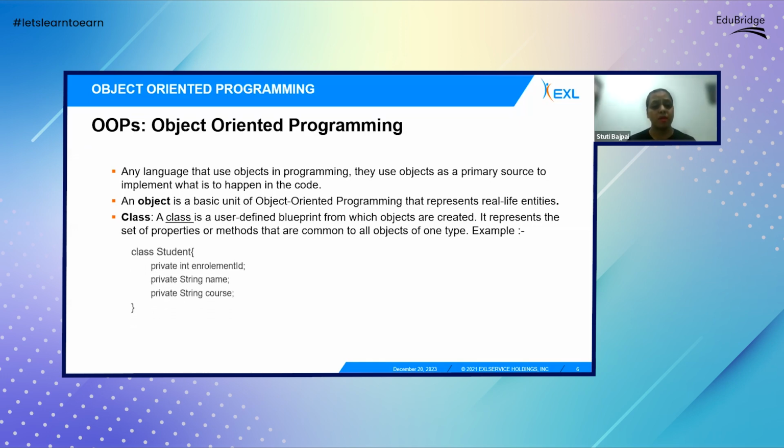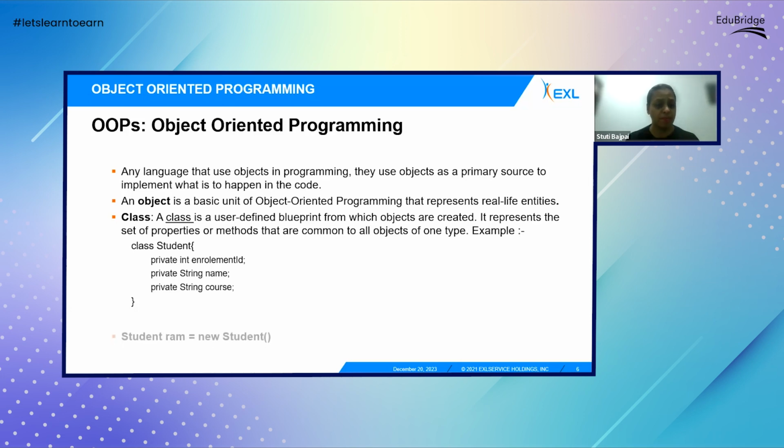So, if I create a class named student, I'll have enrollment ID, name and course. Now, if I want to deal with a student with name Ram, I'll create an object for him. I'll create an object like student Ram, new student. New is the keyword we use for creating an object. We'll read about more keywords later on.